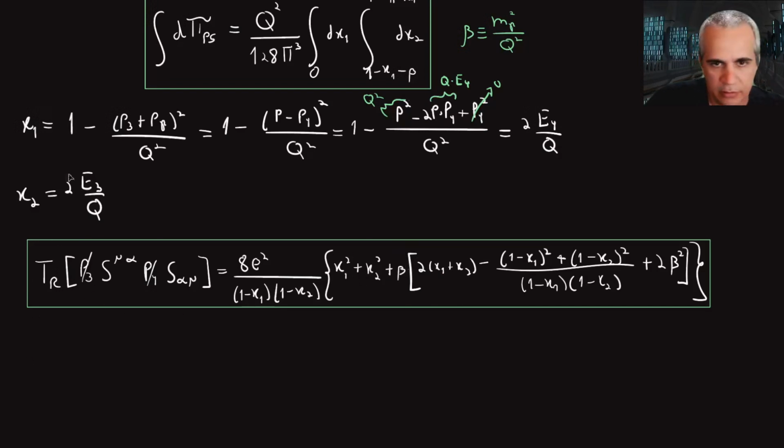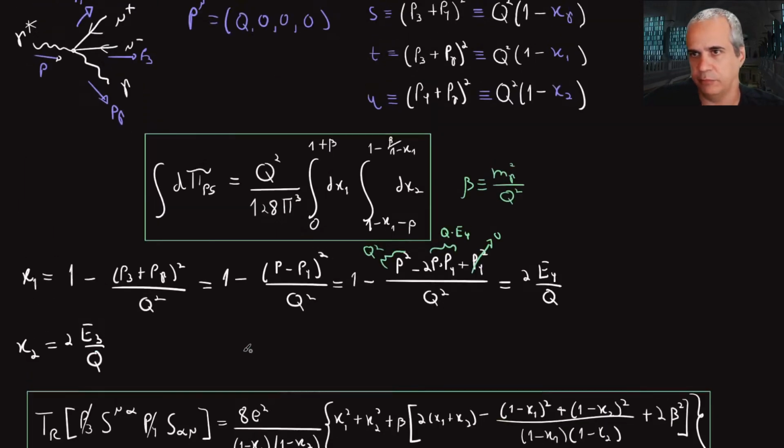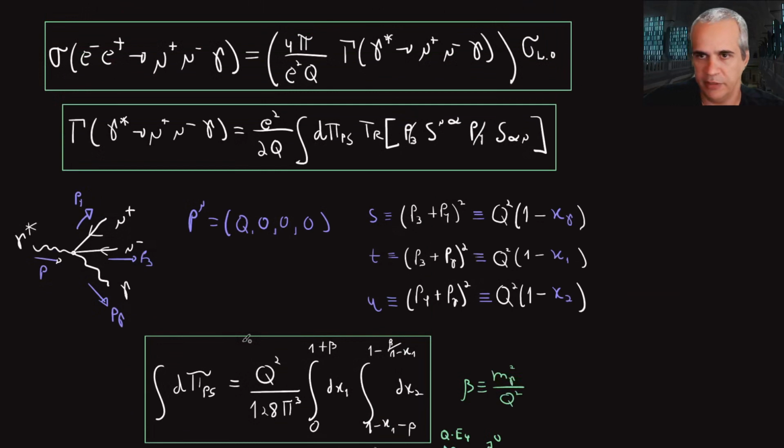So the three-body decay I'm trying to calculate here will be given, in that limit that beta is going to 0, by E square over 2Q, right? This comes from here. And now I put the phase space and the trace.